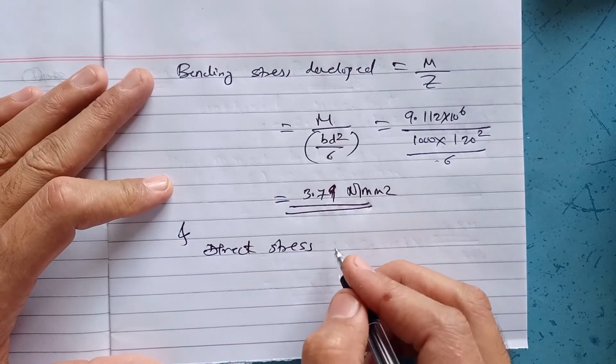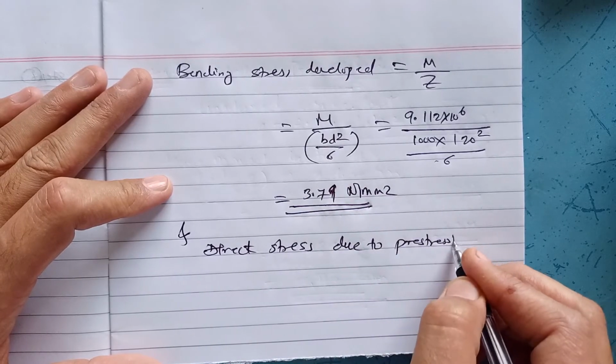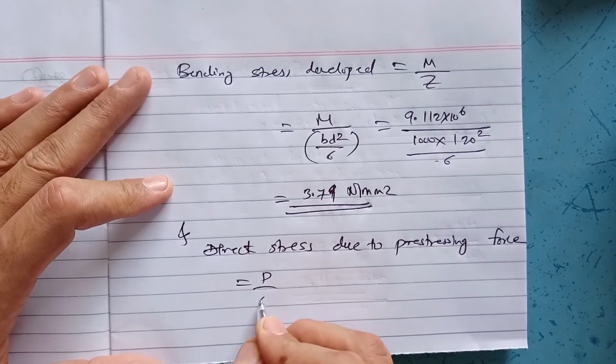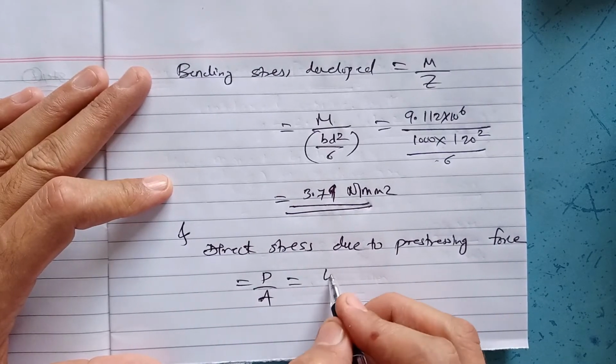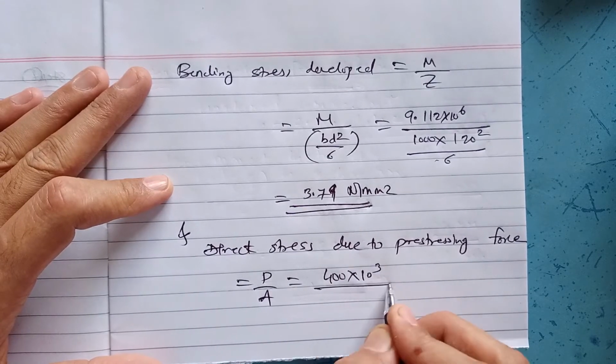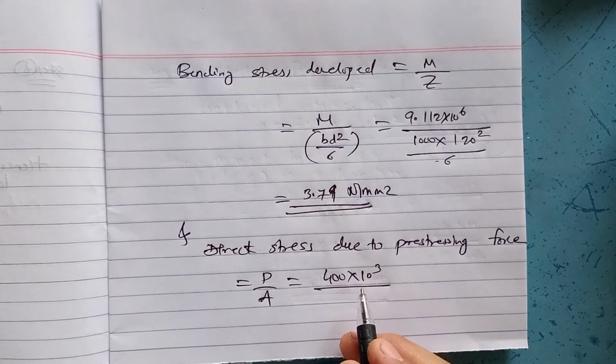And direct stress due to pre-stressing force is P by A. Force carried by each cable is 100 kilonewton, as it is given in the question, you can go through.